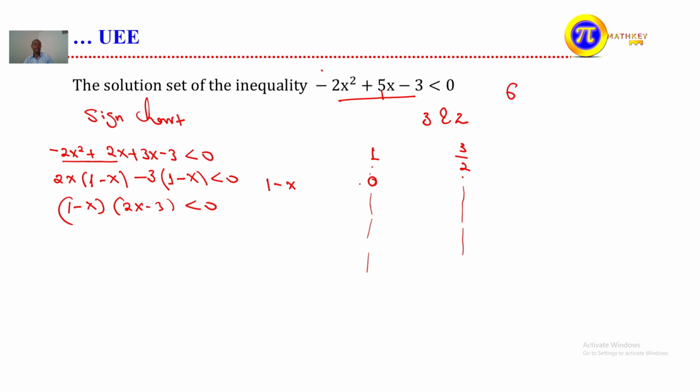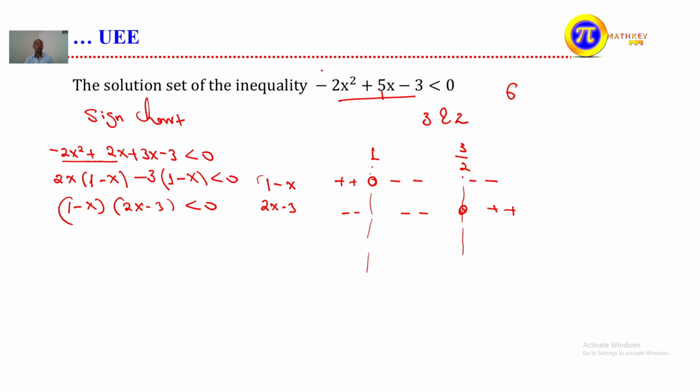It is positive. For instance, take 0: 1 minus 0 is 1, so it is positive. At the right, it is the opposite, negative. Similarly, 2x minus 3 is 0 at 3 over 2. At the left, take 0: 0 times 2 is 0, 0 minus 3 is negative. So it is negative at the left and positive at the right.